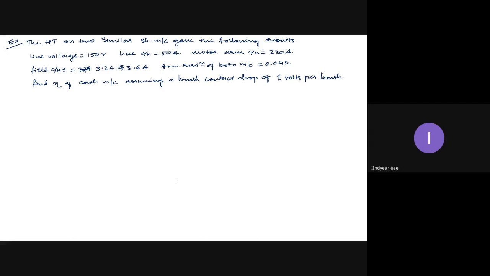So these are the inputs given for the Hopkinson test calculations. So draw the circuit diagram for Hopkinson's test. First draw the circuit.